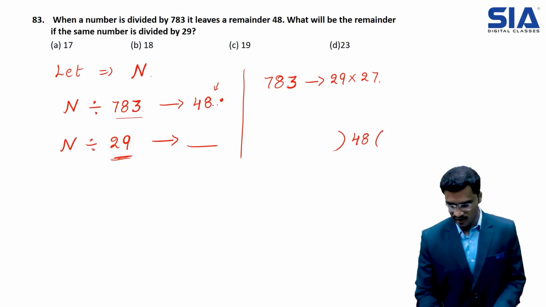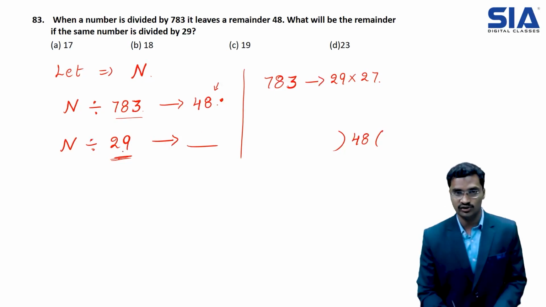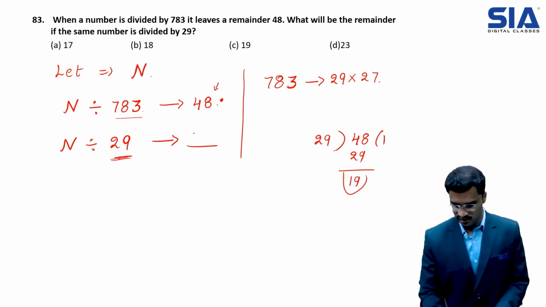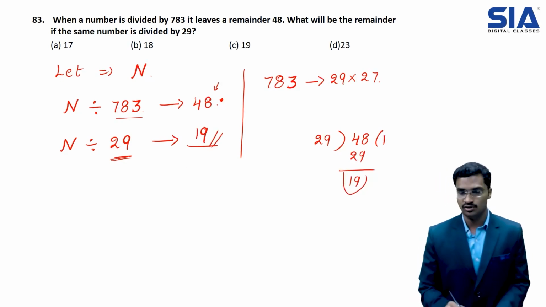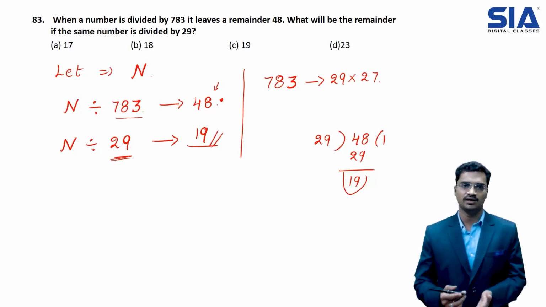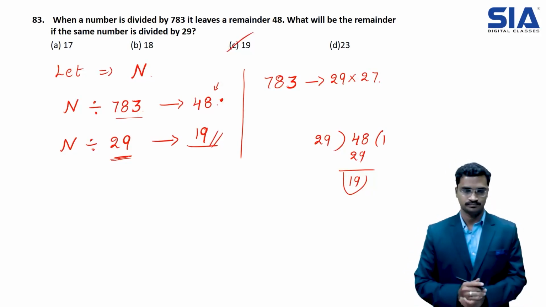So we have to divide 48 by 29. 29 ones are 29, and here the remainder is 19. So after dividing that number n by 29, we get the remainder 19. So our answer is option C.